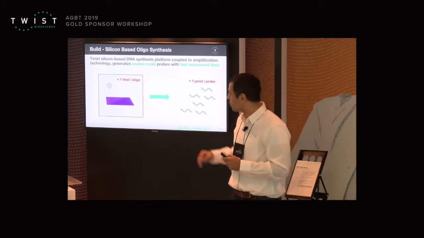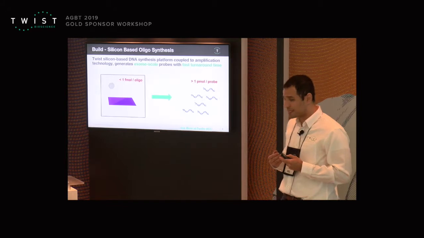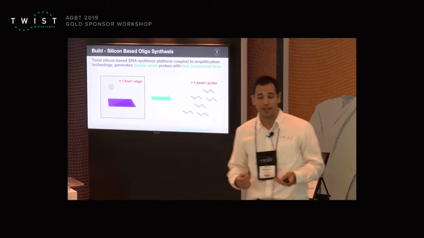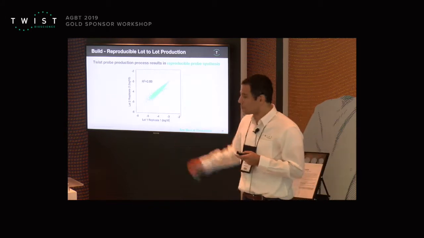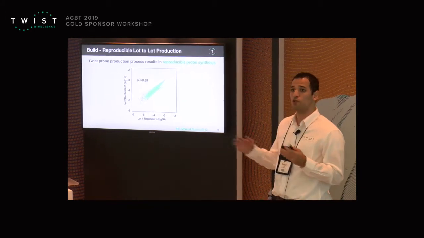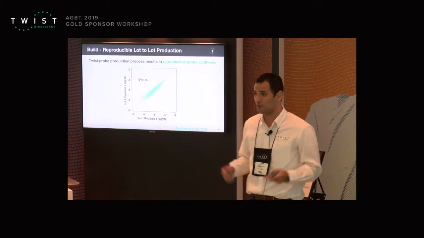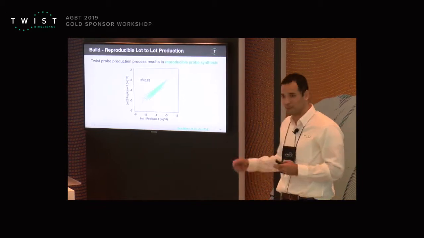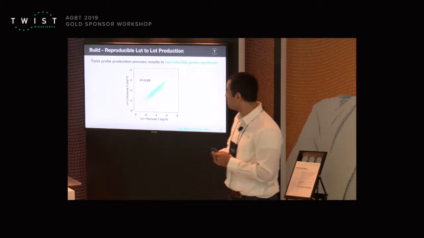And we have a scale-up process that allows us to control the bias, control the content in the population to get really good quality. So this is a reproducibility graph of 2 lots of the same panel that we synthesized 1 month apart. I didn't tell anyone I was doing this, so to really represent the process, all they heard was an R&D lot.